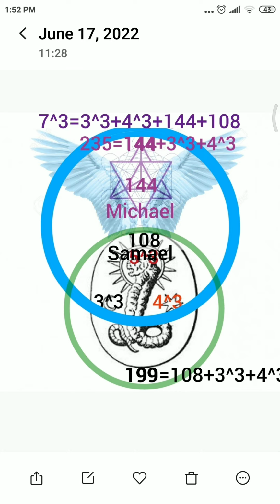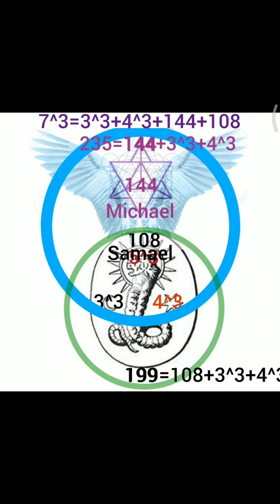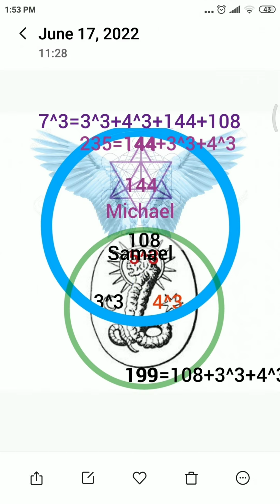Saturn is the sixth planet, mind you. So this whole thing is Saturn. This is 5 cube Yaldabath. 108, the internal angle of the pentad, is Samael. And of course, the whole thing is Saturn.